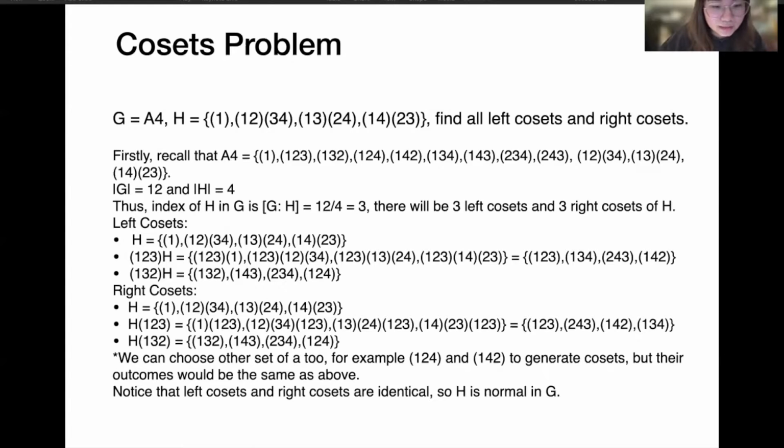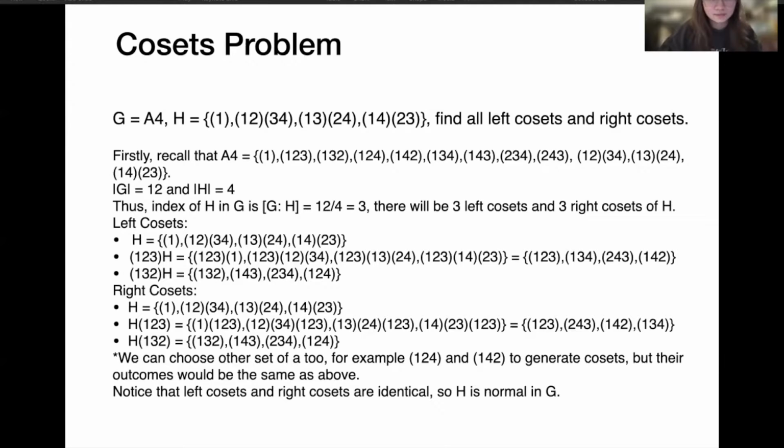Notice that we can choose a different set A, for example (1 2 4) and (1 4 2), to generate the left cosets and right cosets, but their outcome sometimes will be the same as the above example. Notice that in this case, the left cosets and right cosets are identical, they are the same. So H is actually normal in G.